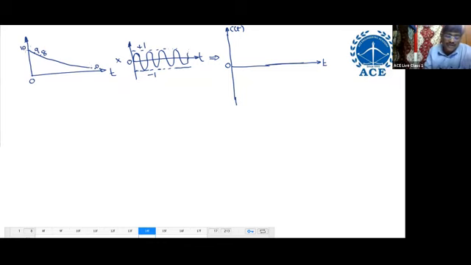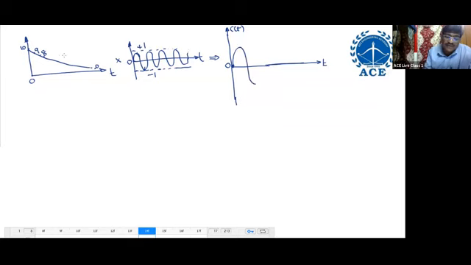So 0 into 10 becomes 0. Next, plus 1 into 9 goes to 9. Again, minus 1 into 8 comes to minus 8.